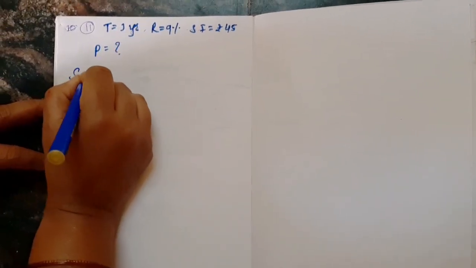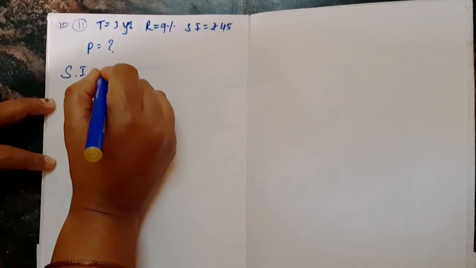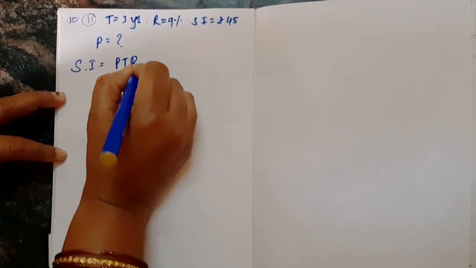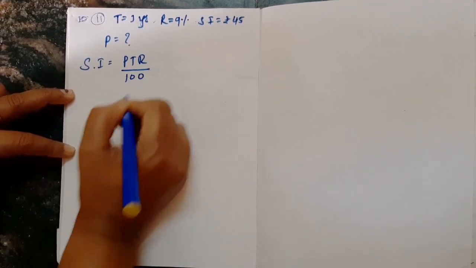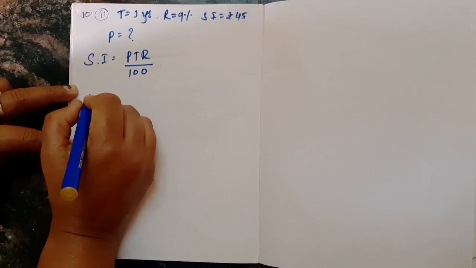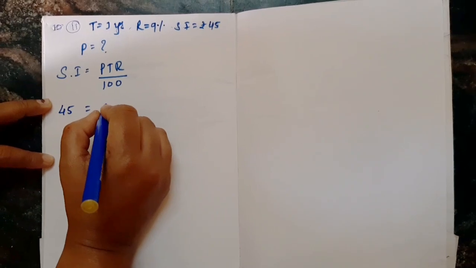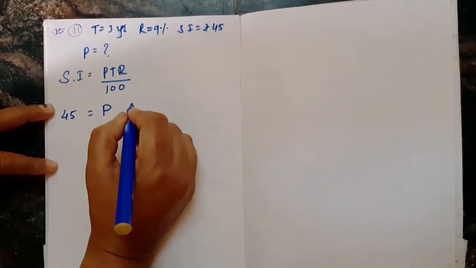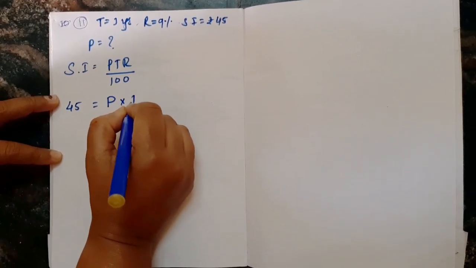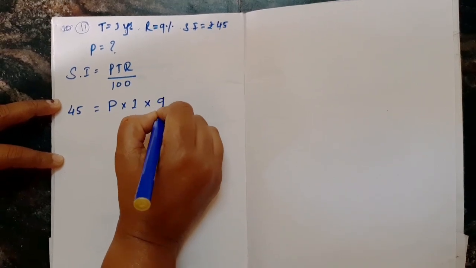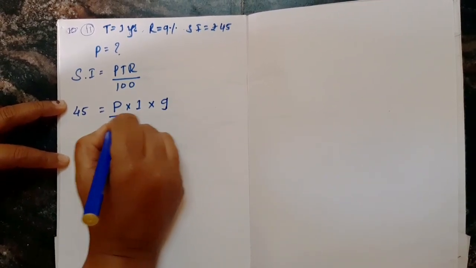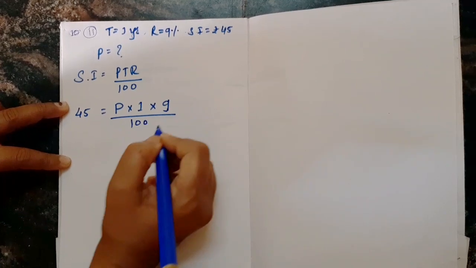Already you know that simple interest formula, that is SI is equal to P into T into R by 100. Okay. What is SI here? SI is given, rupees 45. P we have to find out, write it as it is. Time is 1 year. R is 9. Then divided by 100. Okay.